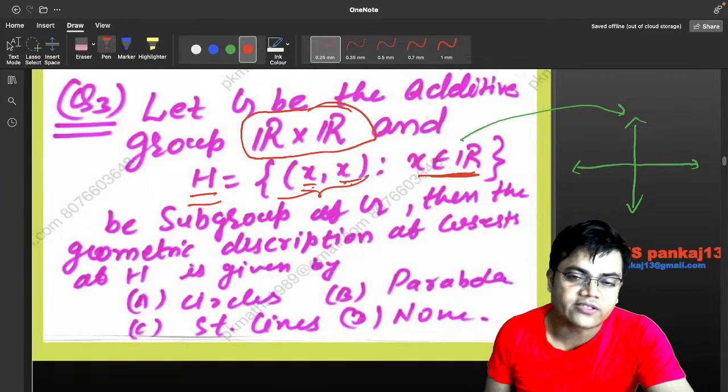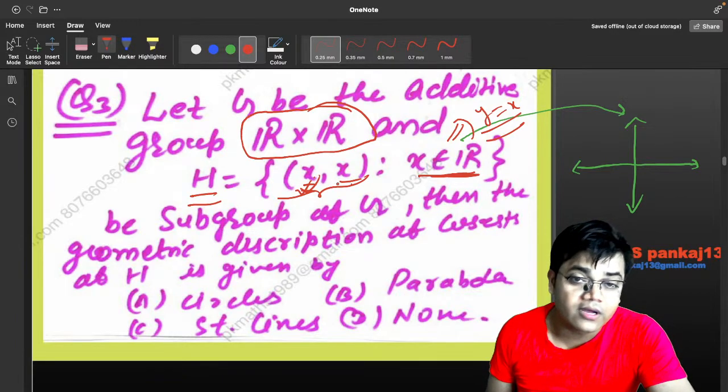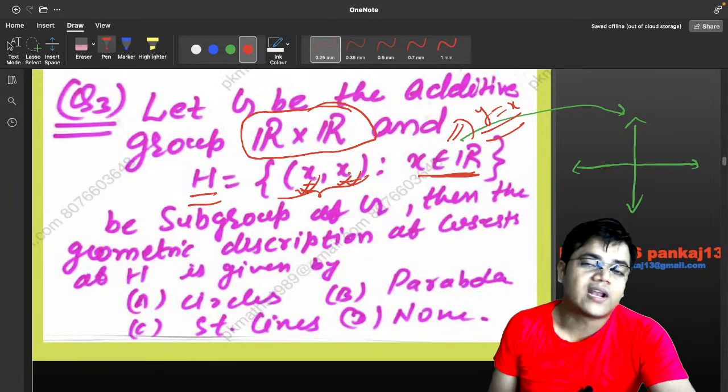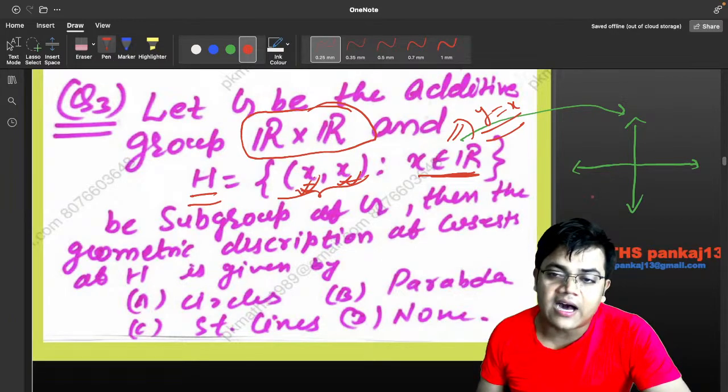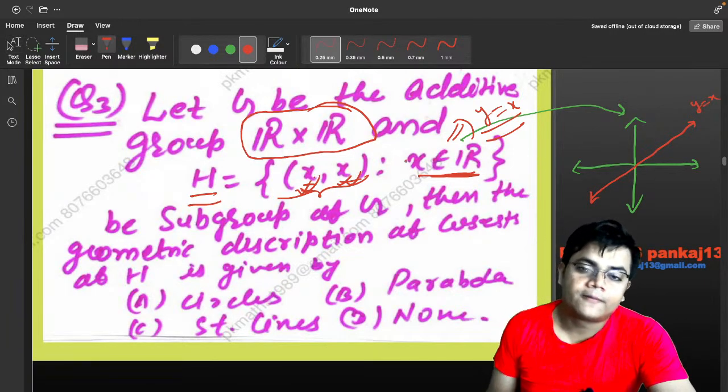X comma X is nothing but the straight line y is equal to X, because whenever you insert X, you get output X as well. So the elements are nothing but the points on the straight line y is equal to X, isn't it? So this is the subgroup according to the question.